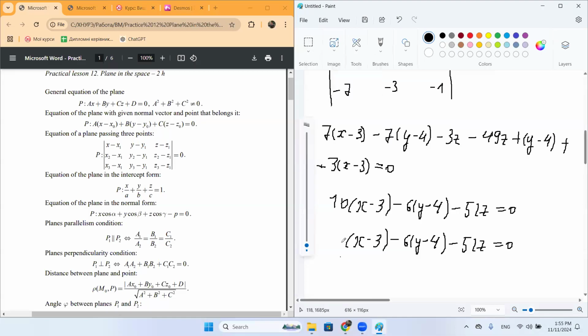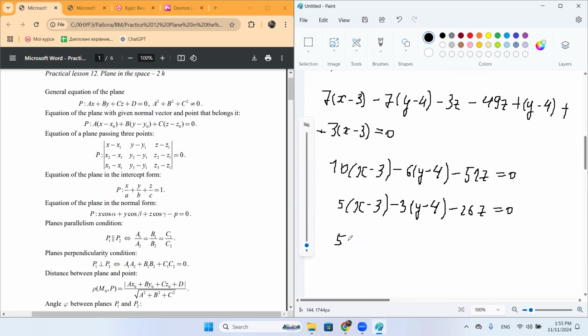Here is 5. Minus 3. Minus 26. And now with expanding, so 5x, so minus 15 plus 12, so plus 3 is a free coefficient, minus 3y, minus 26z plus 3 equals 0.